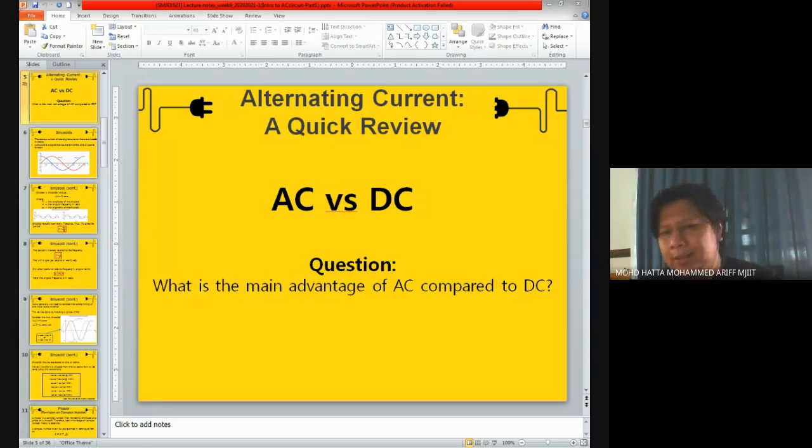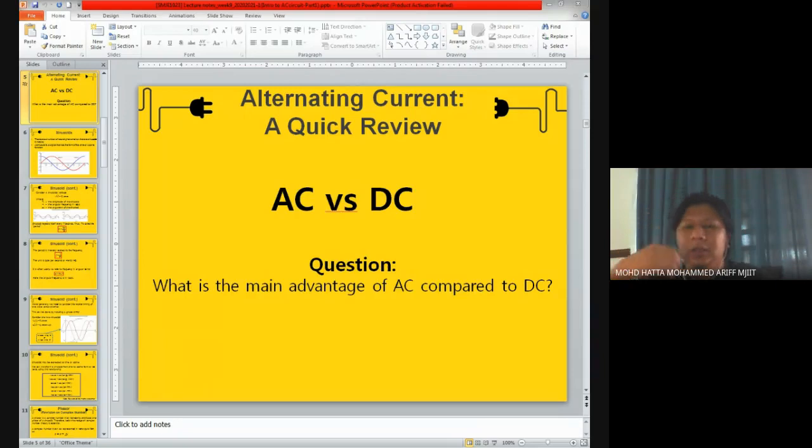And for AC, since you can step up your voltage, you can transmit your power a lot further. The introduction of the transformer makes it possible to transmit power over a long distance.